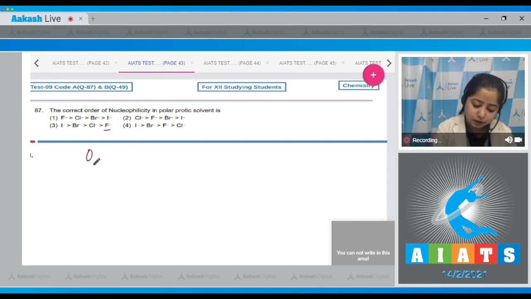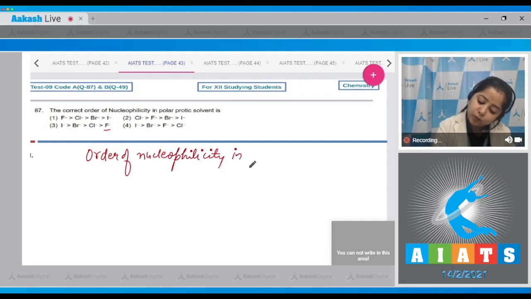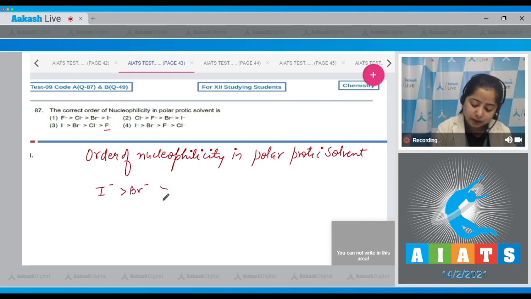So, I'm writing the order of nucleophilicity in polar protic solvent. Maximum is of I minus, followed by Br minus, followed by Cl minus, and least is for F minus. That means the correct order is represented in option number 3.